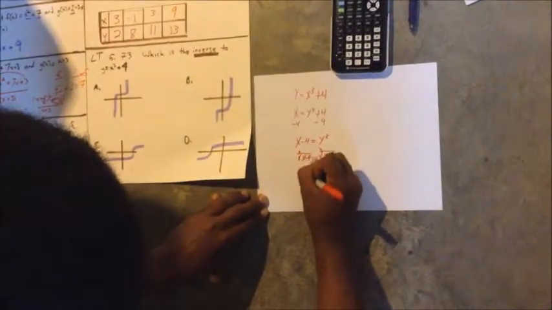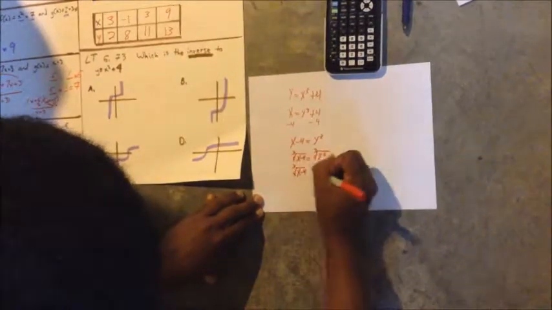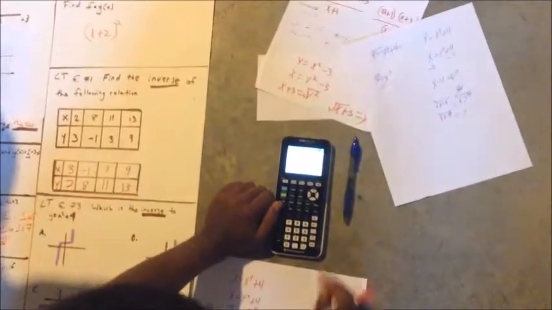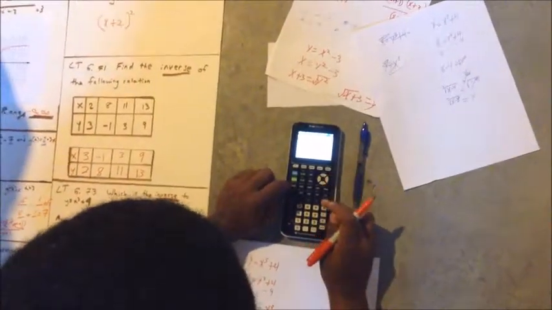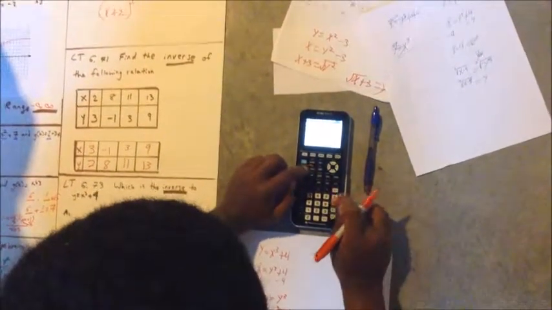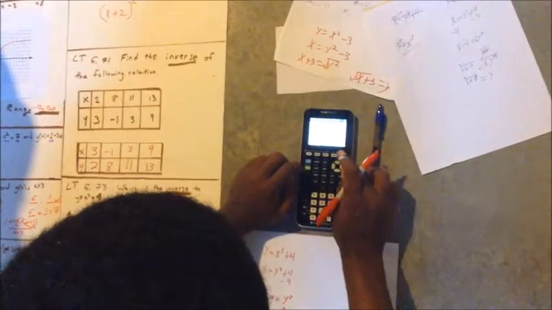So it's just the cube root of x minus 4 equals y. So once I put this in the calculator, it becomes... as you can see on there, C would be the best option.